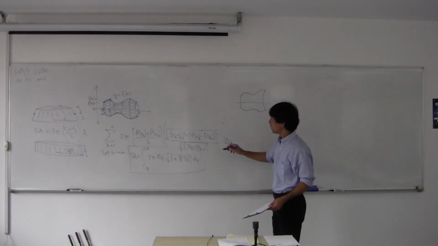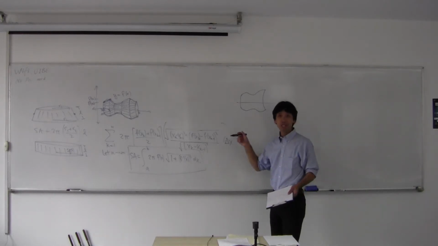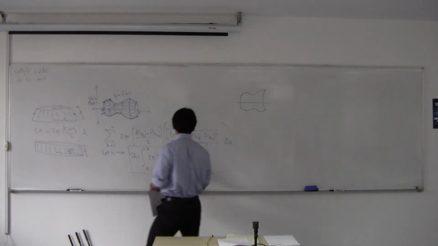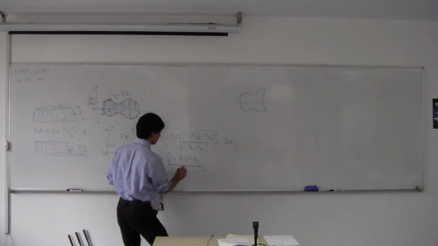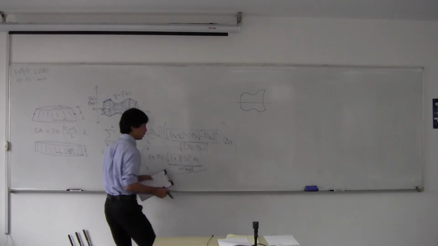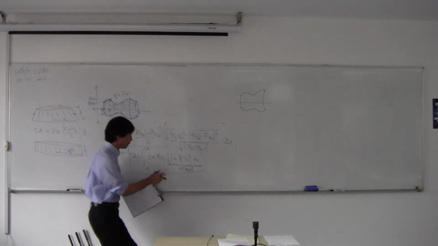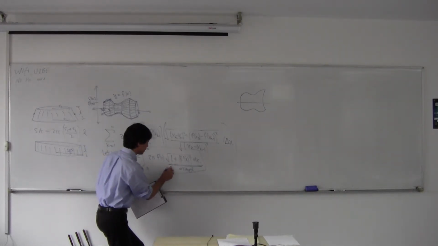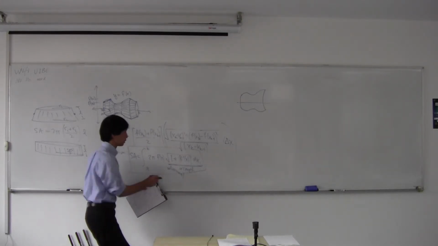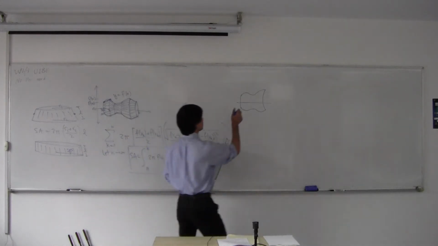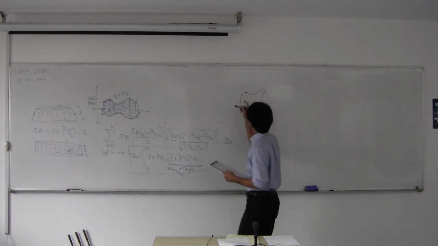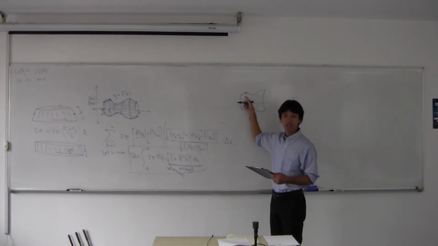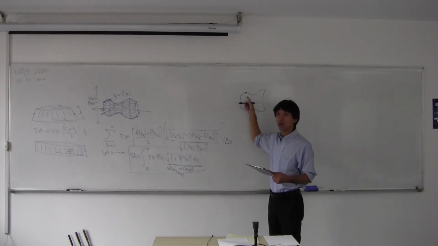The infinitesimal way of thinking about it is that this thing here is a tiny arc length. It's the length of an infinitesimal piece of your arc.